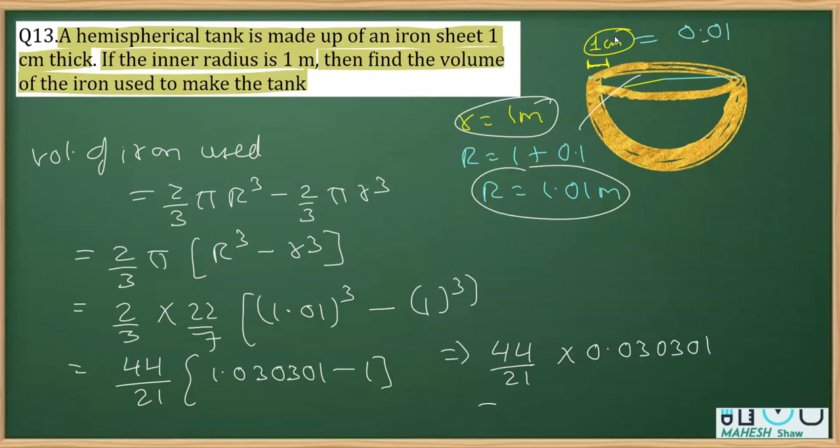And then if you reduce it further, this will give you 0.06348. This is approximately this much meter cube, the volume of the material so used in making the tank.